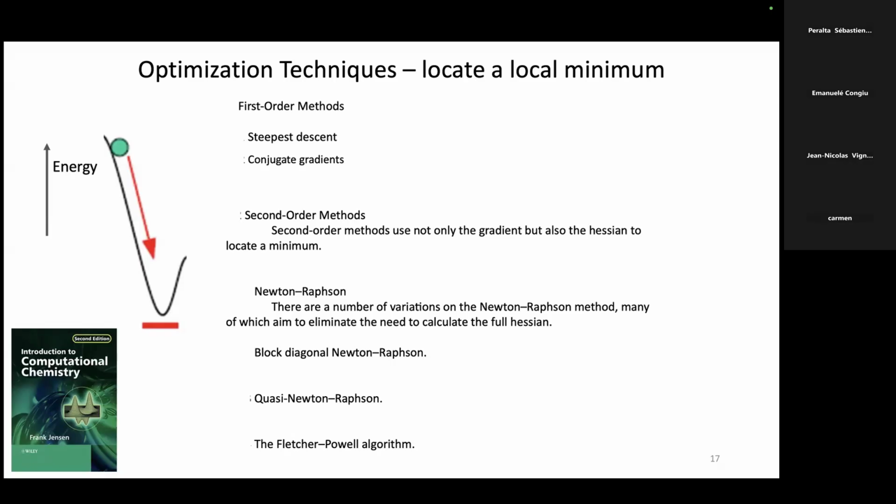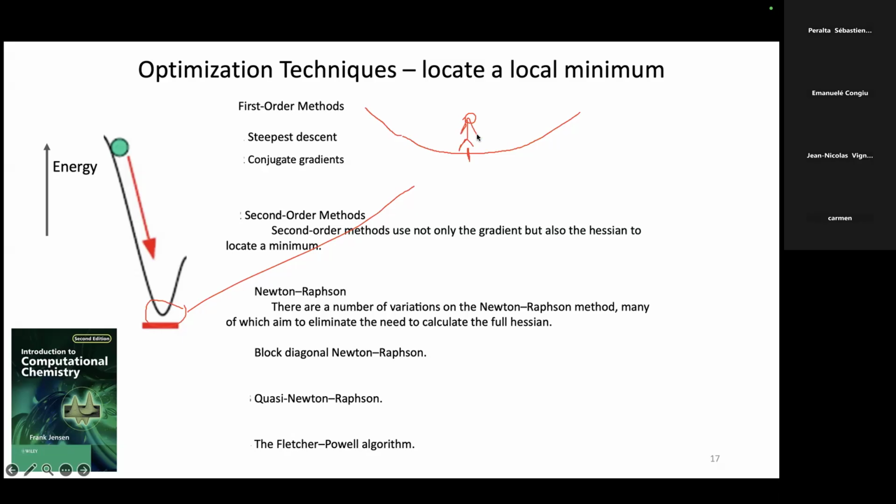We must tell the program that we really approach a local minimum. Near the local minimum, if I zoom in on this part, it may look like this. So here is the local minimum. Once you come here, we tell the program, now you have done enough, you should stop.